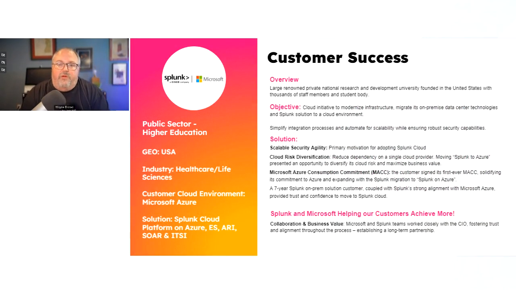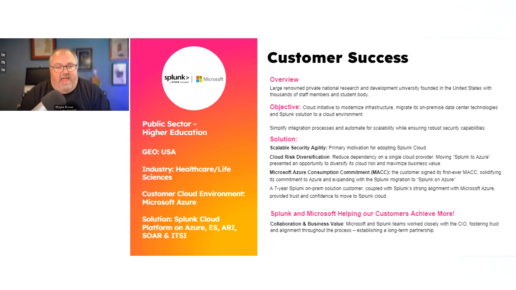And right away, we have been fortunate to see success with a customer who is running their Splunk Cloud presence on Microsoft Azure. This is a very large, well-known private research and development university, with thousands of staff members and a very large student body.